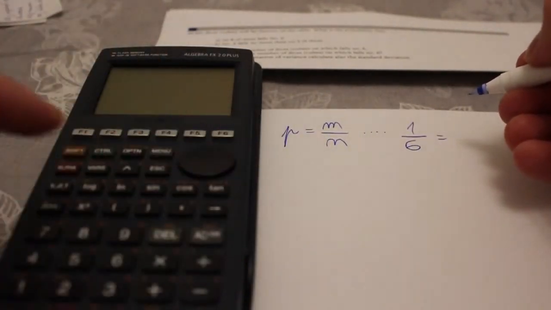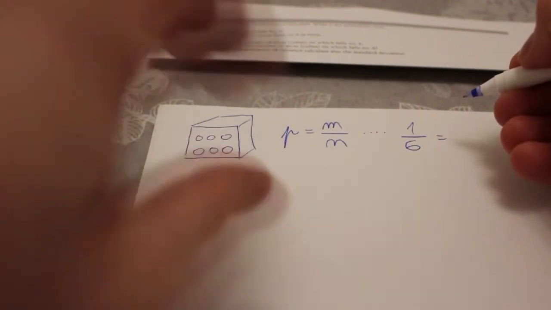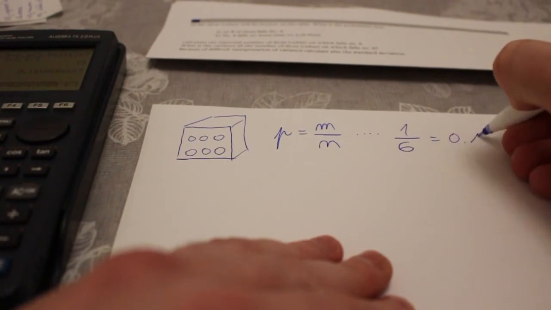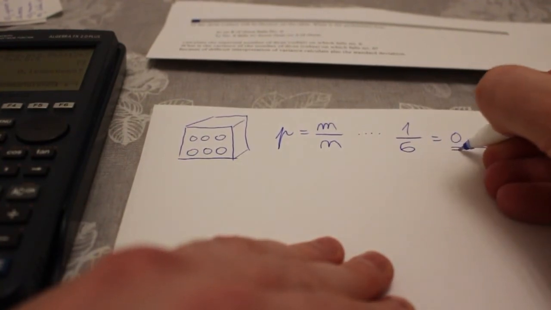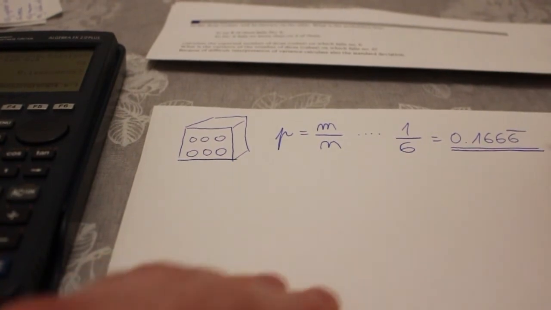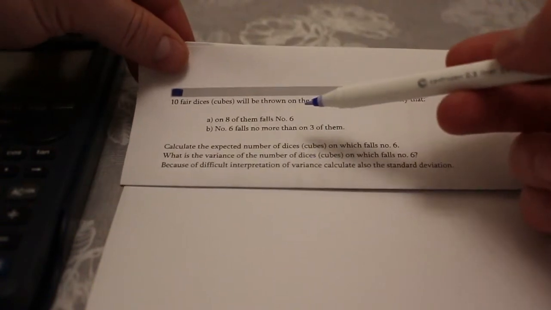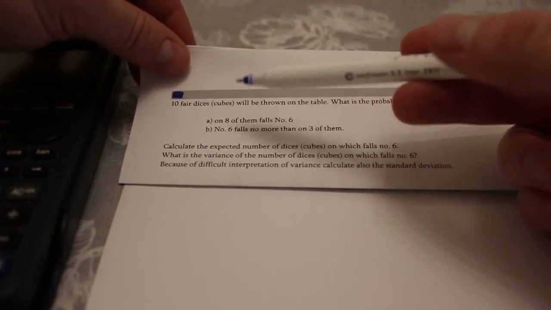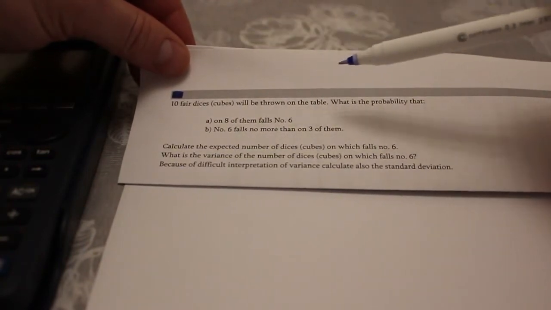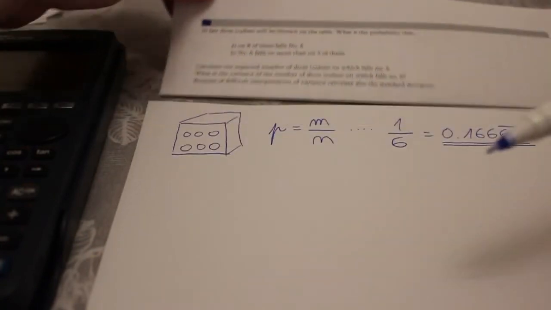If you use the calculator and calculate 1 divided by 6, you have a probability of 0.1666 periodical. So this is the probability that you will see what you want. We would like to calculate the probability that on 8 dices from 10, I will see this value 6.